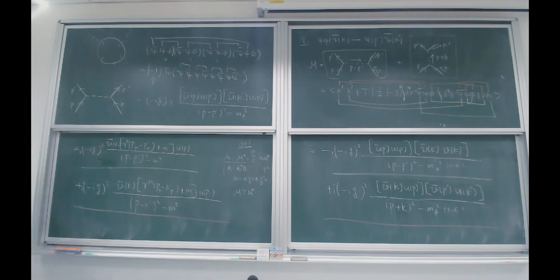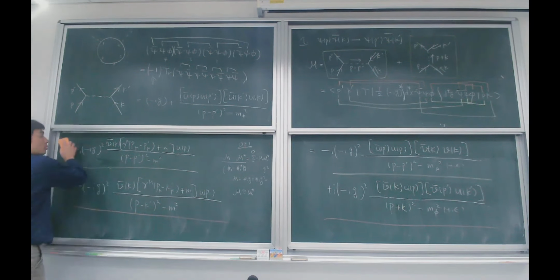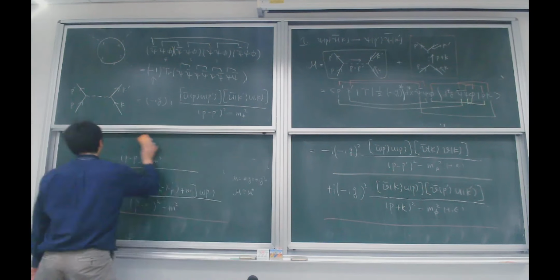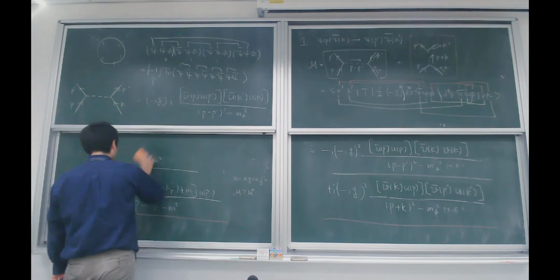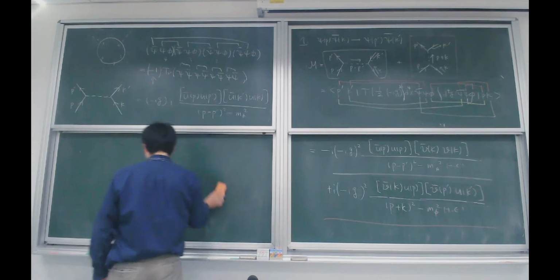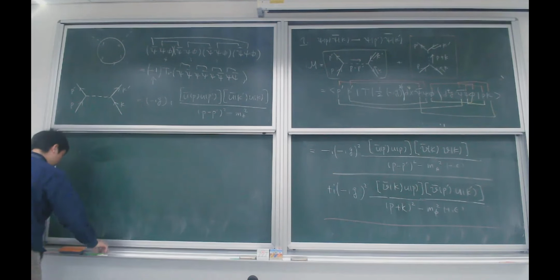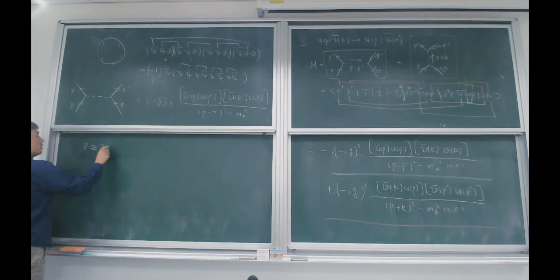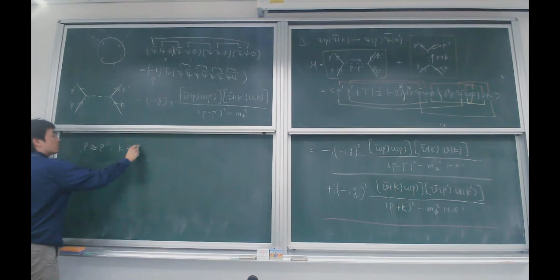And then we just need to do the following approximation. So we just take the non-relativistic limit. The non-relativistic limit is that P is essentially almost the same as P prime, and K is almost the same as K prime.